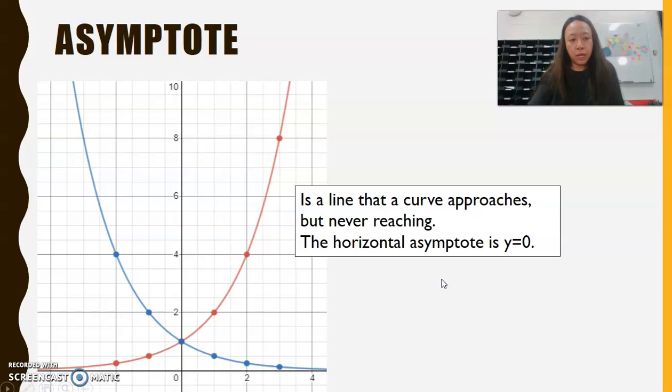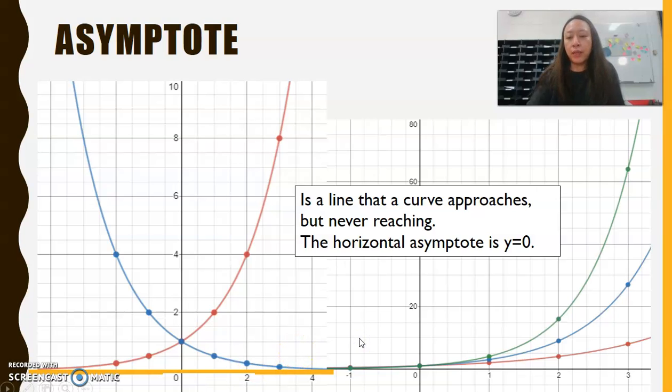If we look at the graphs of y equals 2 power x and y equals half power x, the horizontal asymptote is the yellow line over here, which is y equals 0. This is the line that the curve approaches but never reaches.